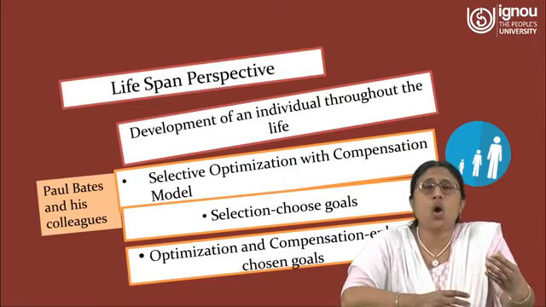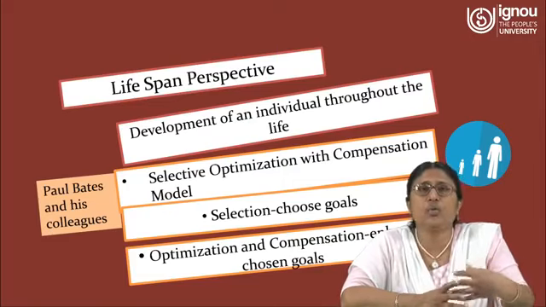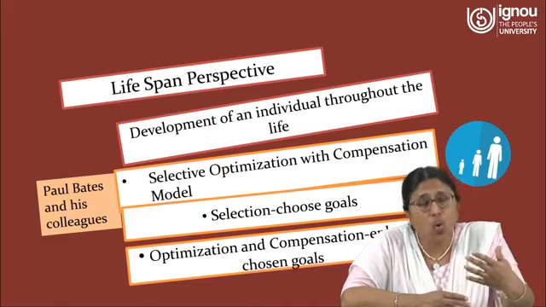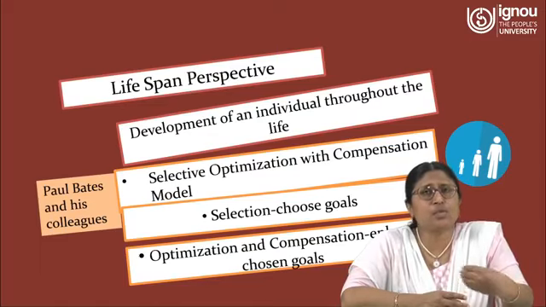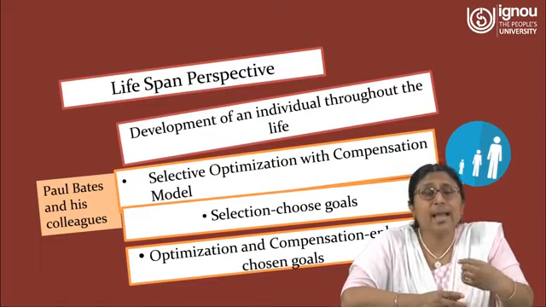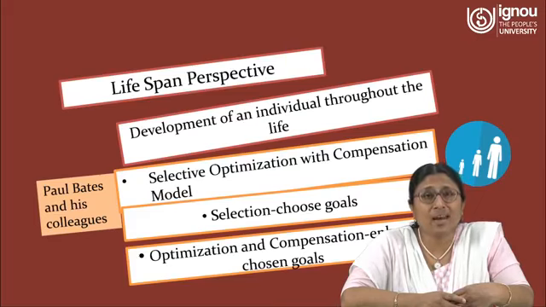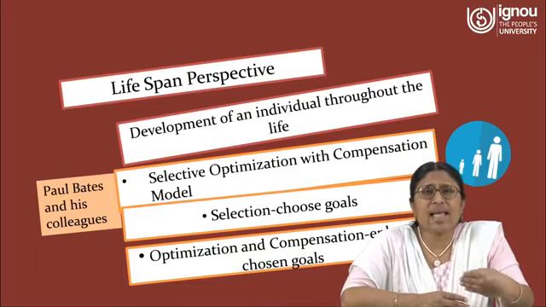It goes on during adulthood, and in old age also we can see some kind of changes. Here, the development of an individual takes place throughout life. There comes the relevance of the lifespan perspective. And in this perspective, they always emphasize the interaction of different factors.